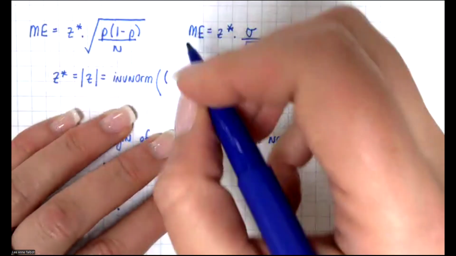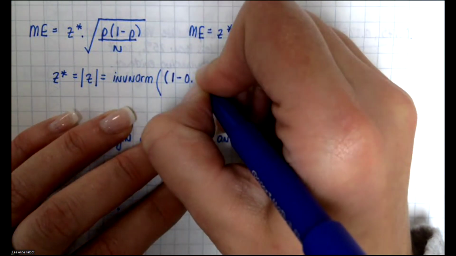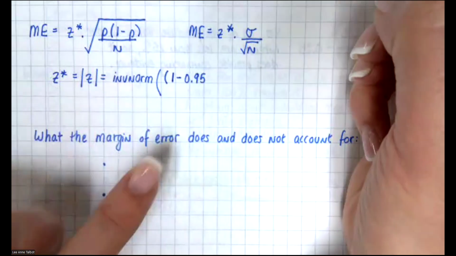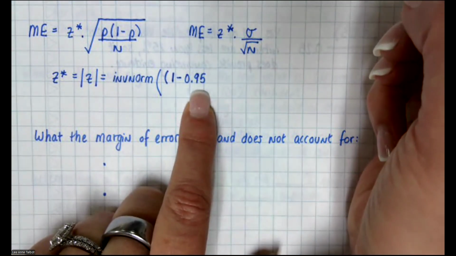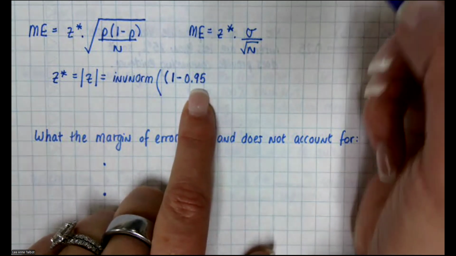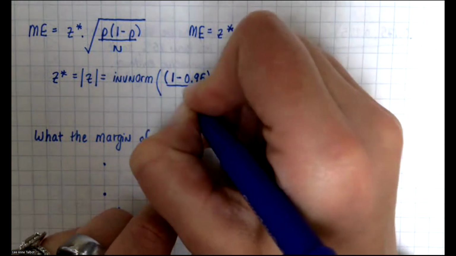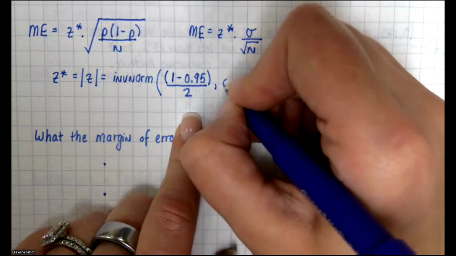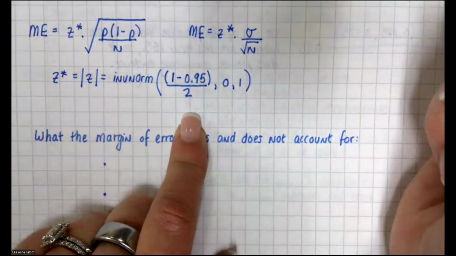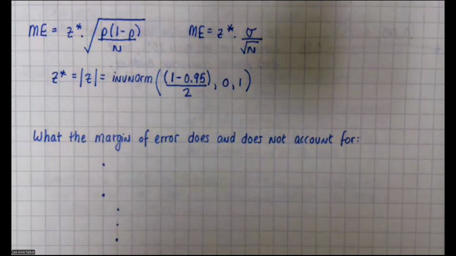What you do is you do 1 minus the confidence level. I'm going to do 95 in here because that's the most common one, but you should put whatever the percent confidence is that you have, divided by 2. And then you're using the standard normal to find Z. So your mean and standard deviation is 0 and 1.